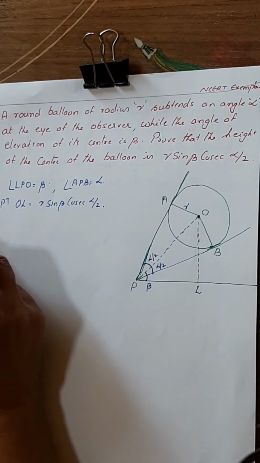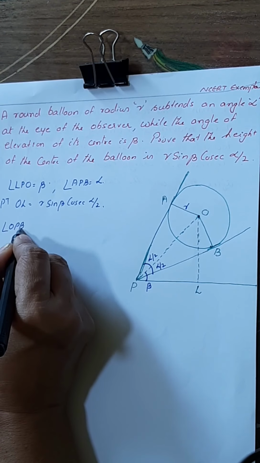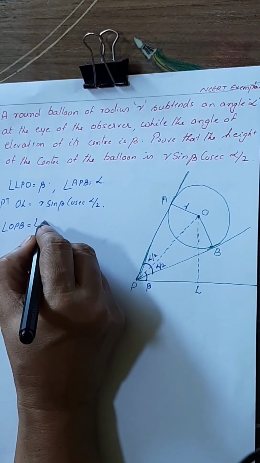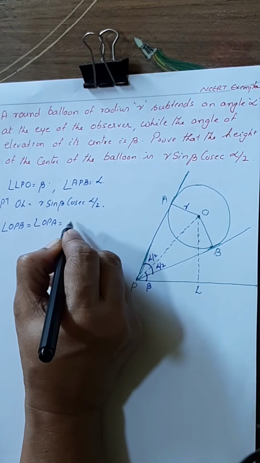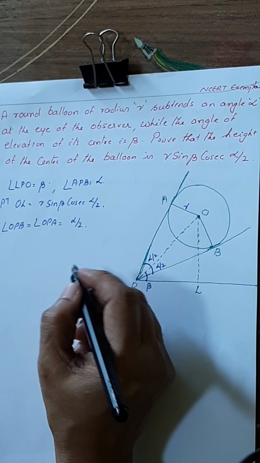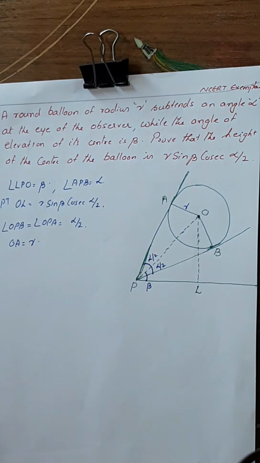So we can write angle OPB is equal to angle OPA is equal to alpha by 2, and OA is equal to the radius r.